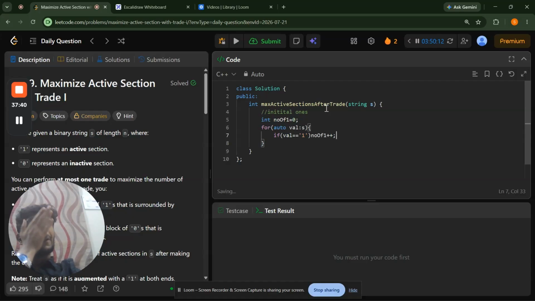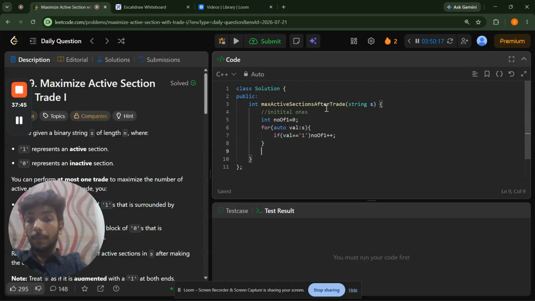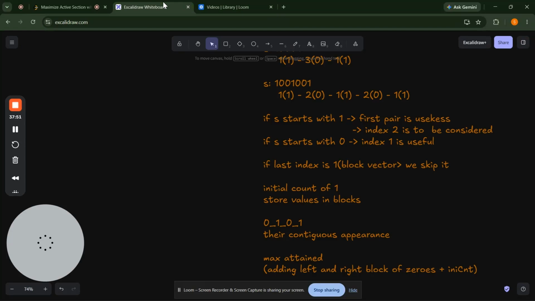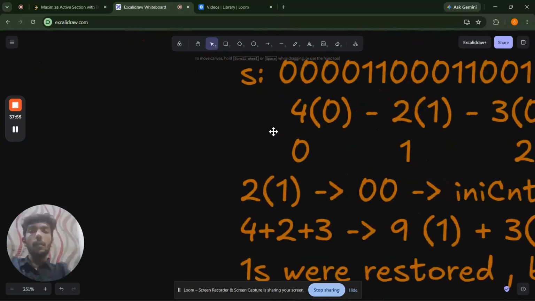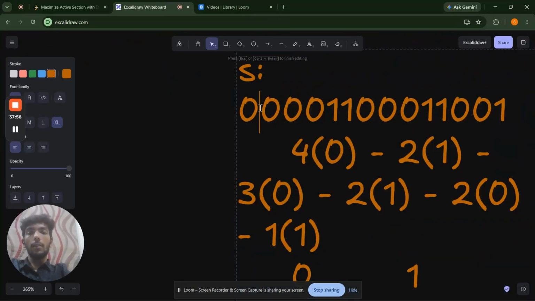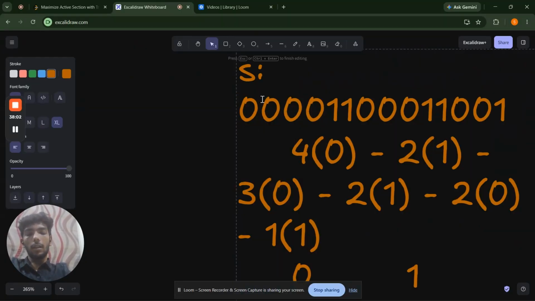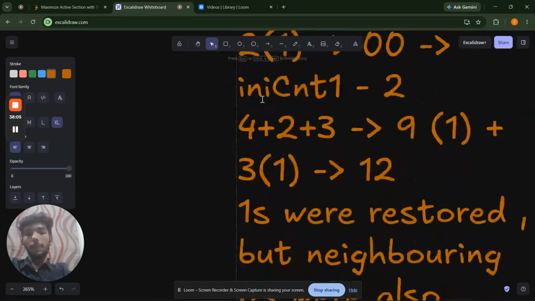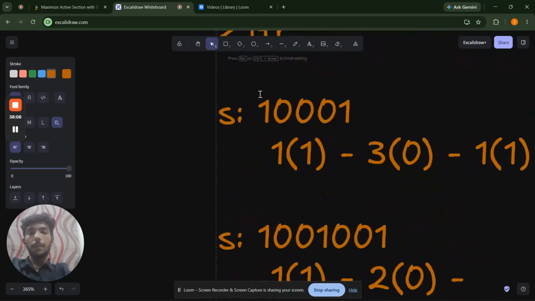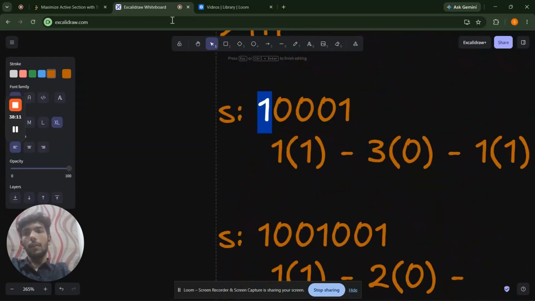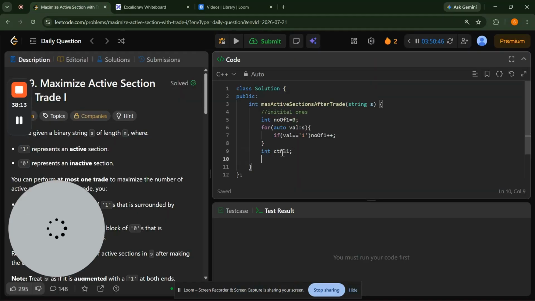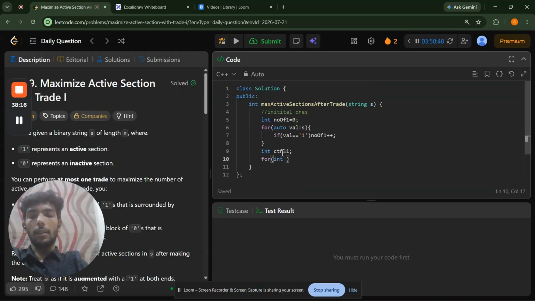Okay, we have found the number of initial ones. Now we want to keep an order of blocks. Whether it is starting with 0 or 1, we definitely have one occurrence of any of it. So we start from the next, first index.